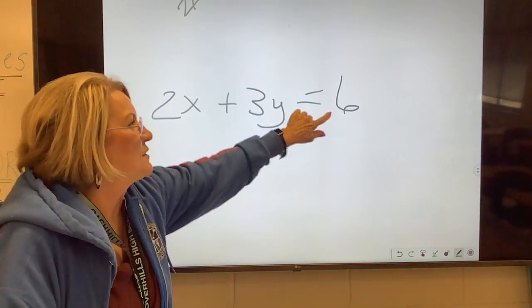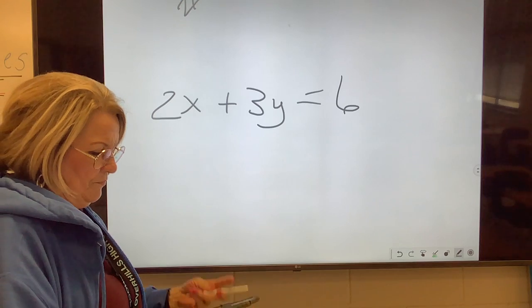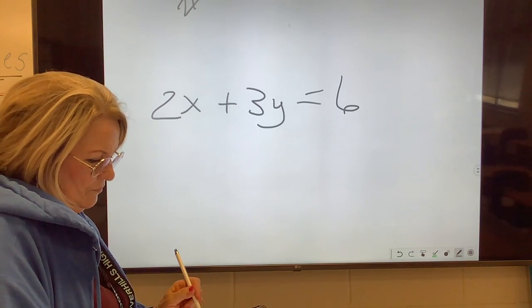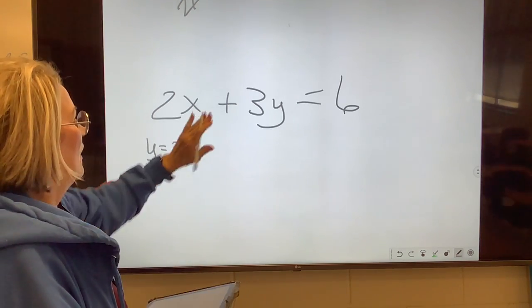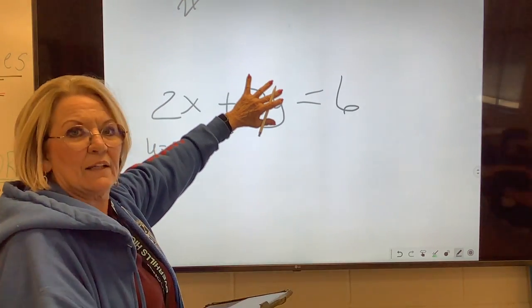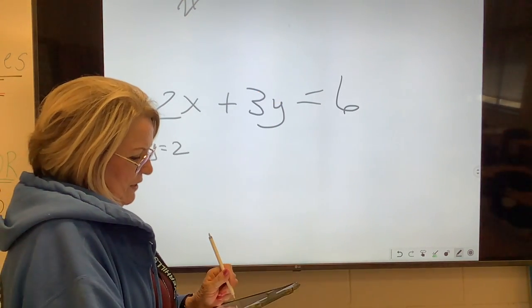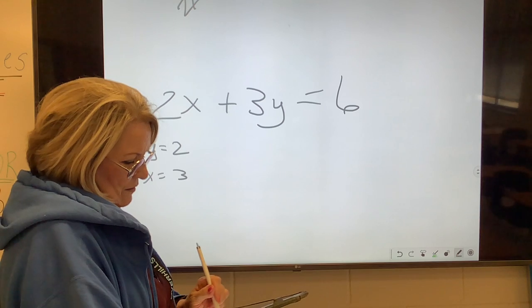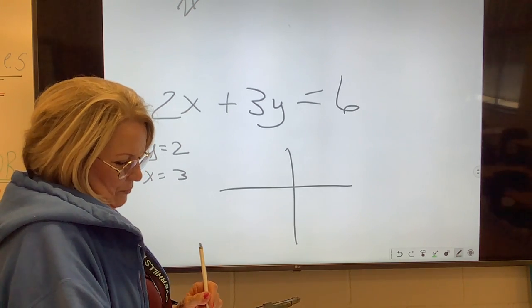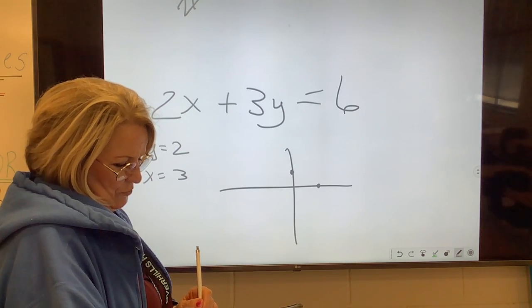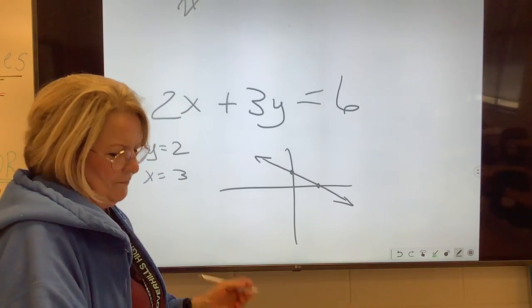Y equals 2. Cover up y and solve for x. X equals 3. On your coordinate plane, y equals 2, x equals 3, and there's your line.